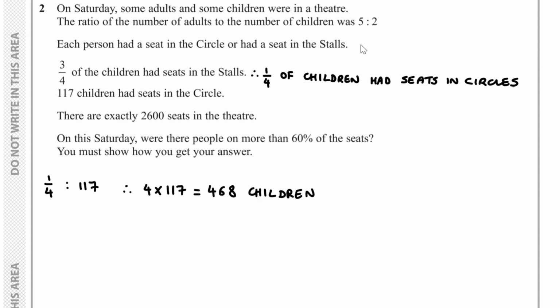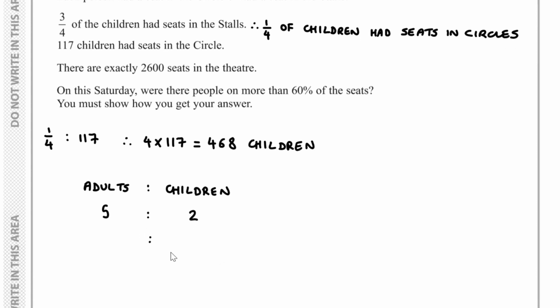And if we take a look at the ratio of adults to children, you can see here we've got 5 to 2, and that was told to us in the question. Now we know already we've got 468. We worked this out over here.